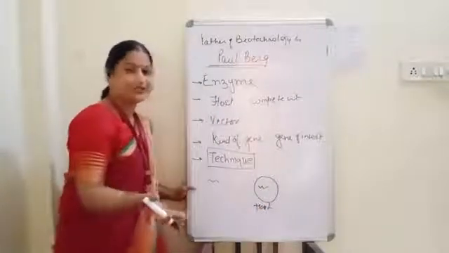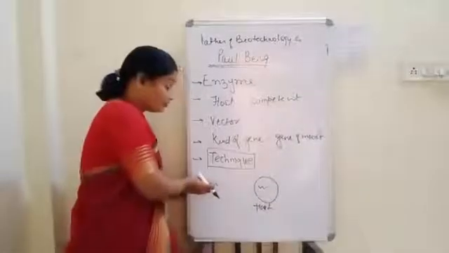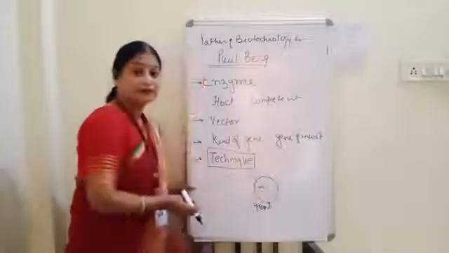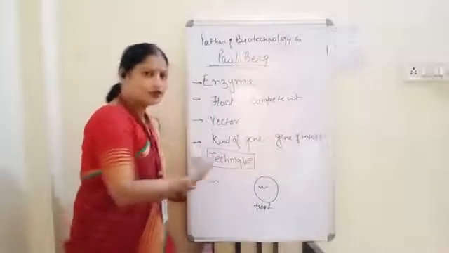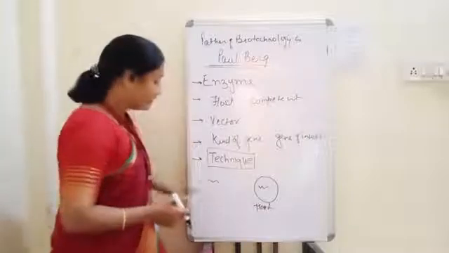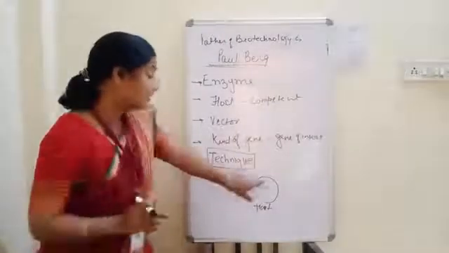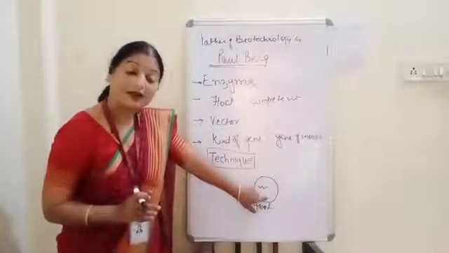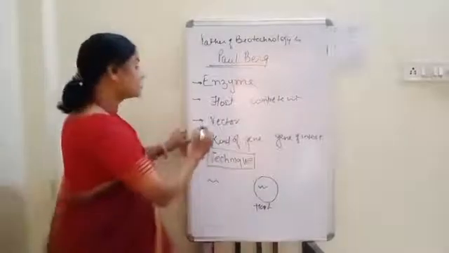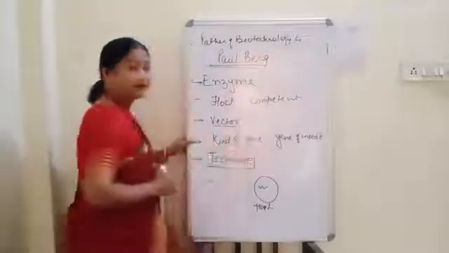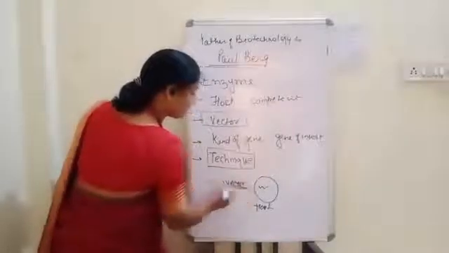We will see in detail the reasons why I cannot put this gene into this body. But just think that we cannot put this gene directly into the host. For this we need one medium, and the medium is called the vector. Clear? So for this we need a vector.